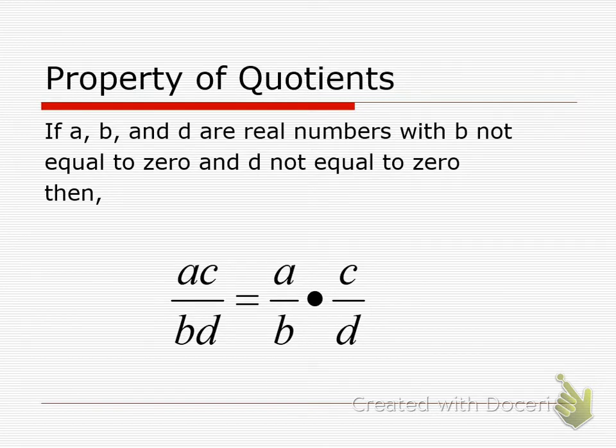If you're multiplying fractions together, you multiply the tops together, you multiply the bottoms together. That's all this is saying. The B and D not equal to 0 is just because you can't have 0 in a denominator. It's the only reason it's written there.